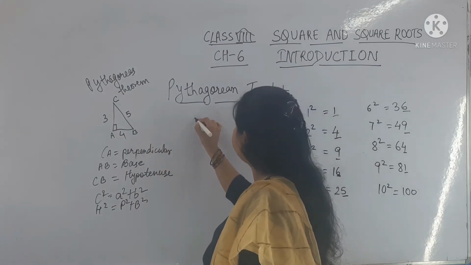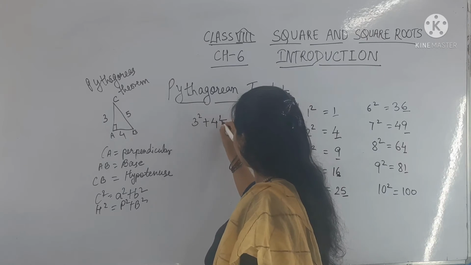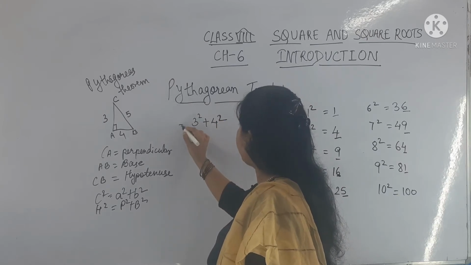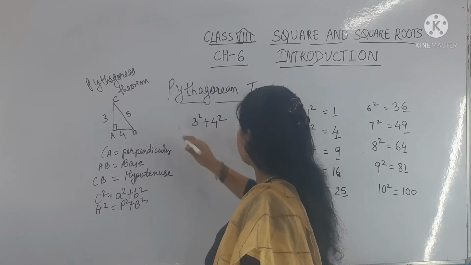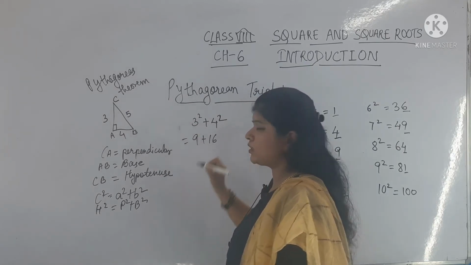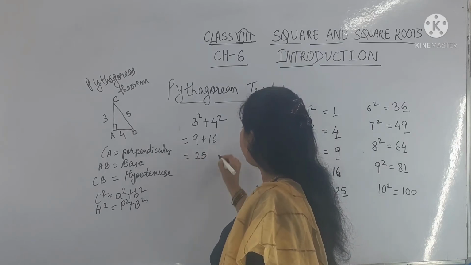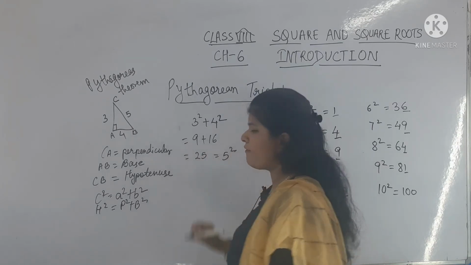So Pythagorean triplet is like this only. If we write 3 square plus 4 square, 3 3s are 9, 4 square is 4 4s are 16. So 16 plus 9 is 25. Okay, 25 is 5 square.